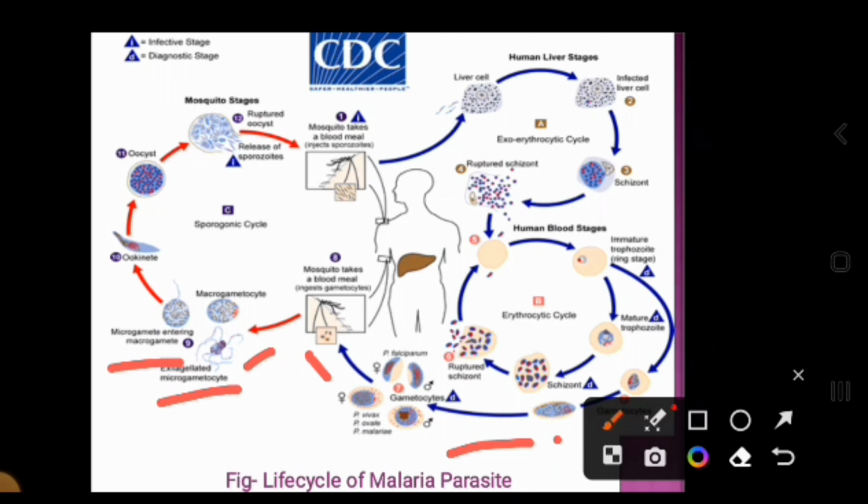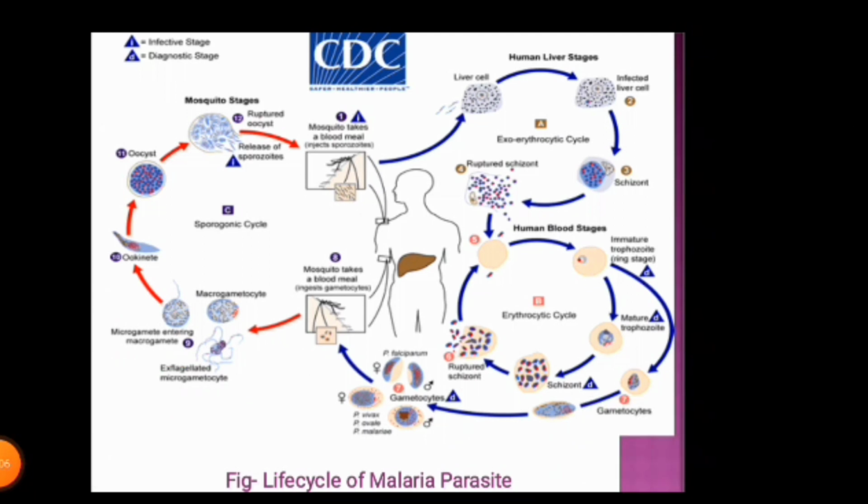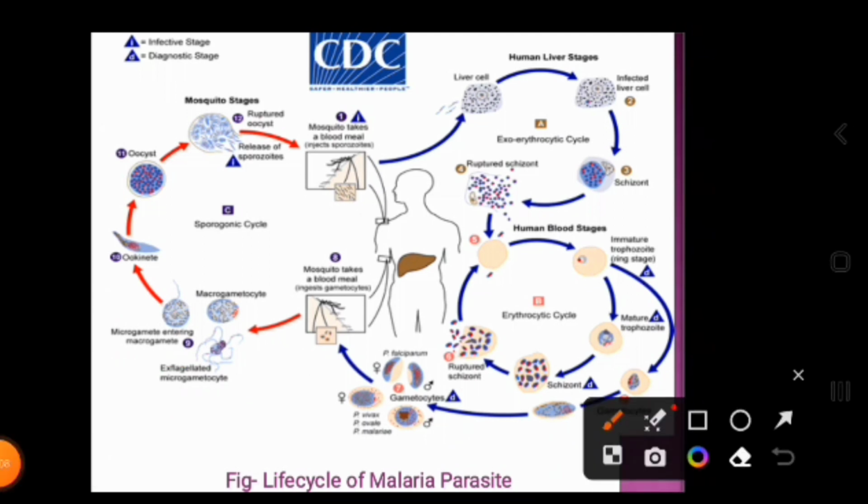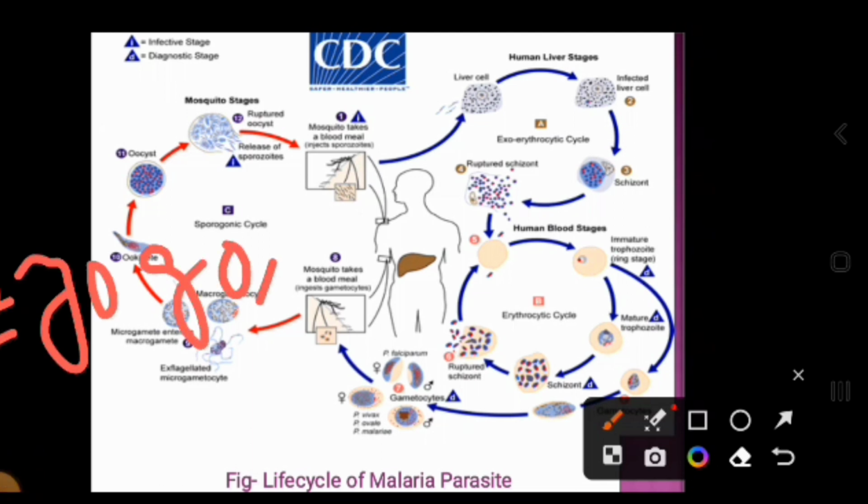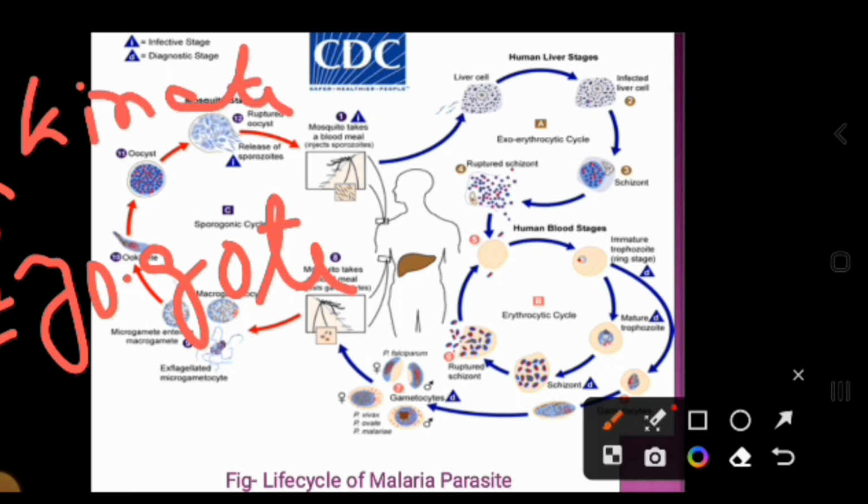Once the microgamete penetrates the macrogamete, it first forms the zygote. From the zygote, it then forms the ookinete, and from the ookinete, the oocyst.